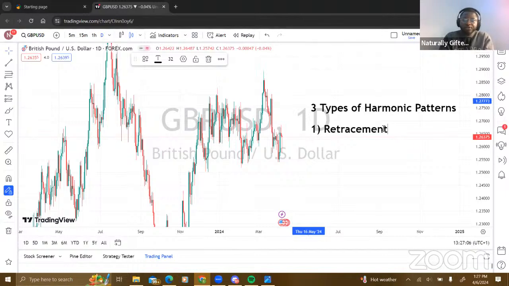I have a picture for this, so you'll be able to relate with it. We have the retracement patterns. The second one is the extension patterns. And then the third one is the dynamic patterns.